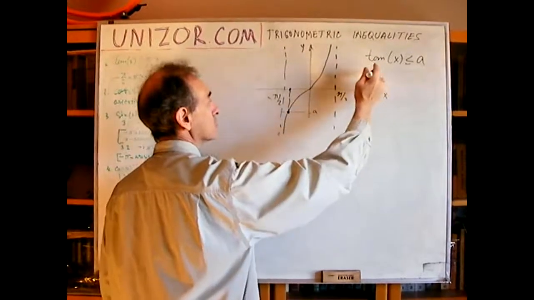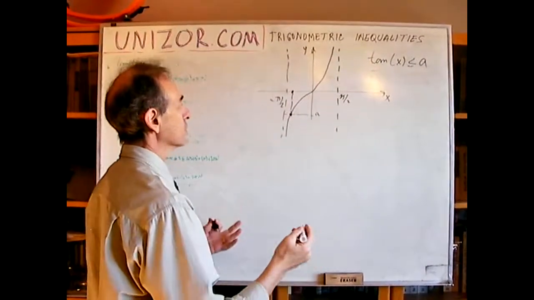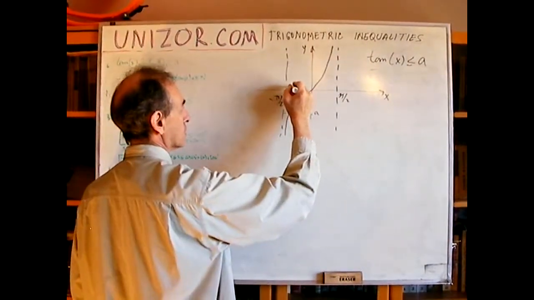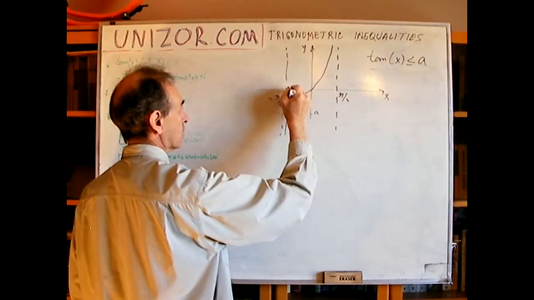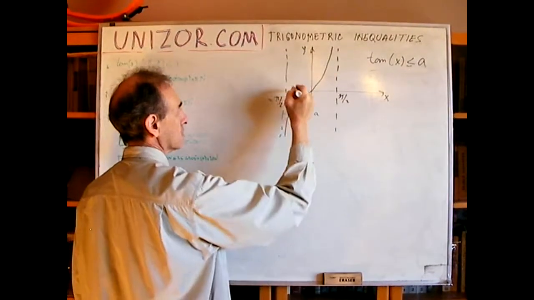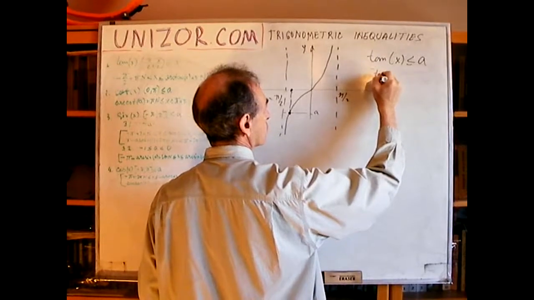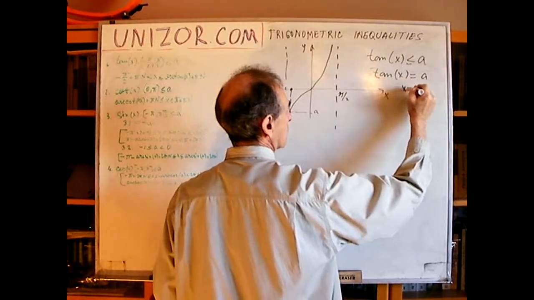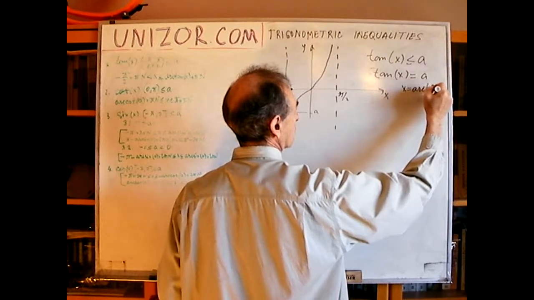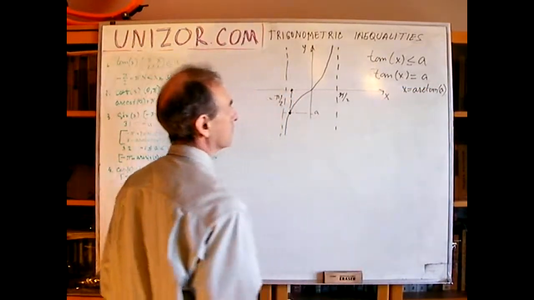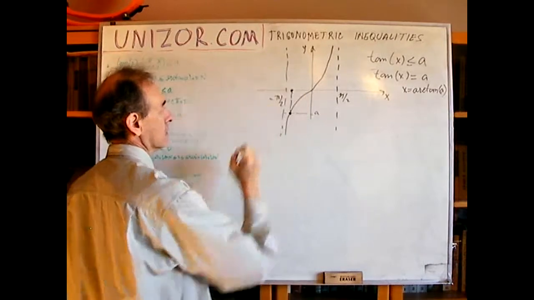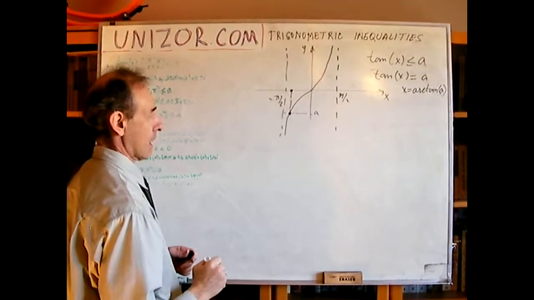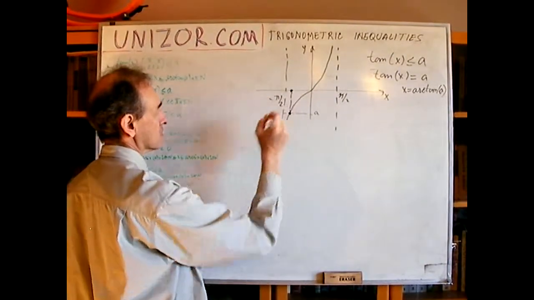So solutions to this particular inequality are very simple. What is this point? This is the solution to the equation, which is arctangent a, right? So this is the point on the x-axis where tangent is equal to a.